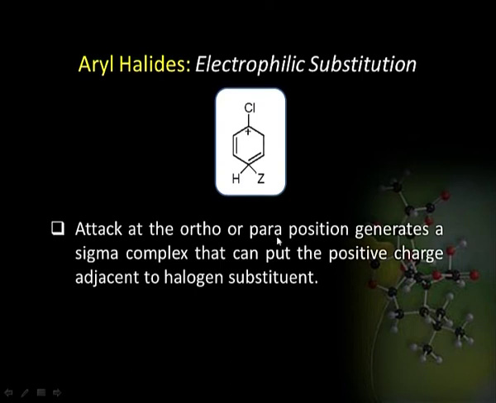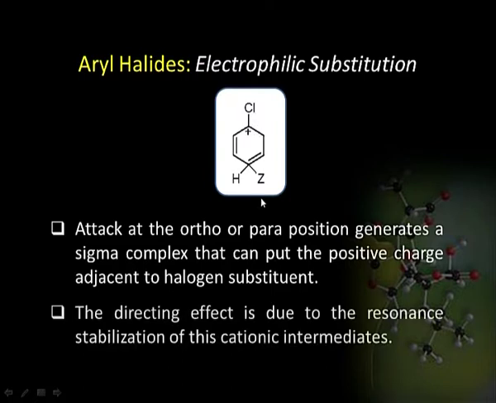The attack at the ortho or para position generates a sigma complex that can put the positive charge adjacent to the halogen substituent. We can see in this structure there is a positive charge and chlorine is directly attached to this particular carbon atom. The directing effect of halogen atoms in aryl halides is due to the resonance stabilization of this cationic intermediate.